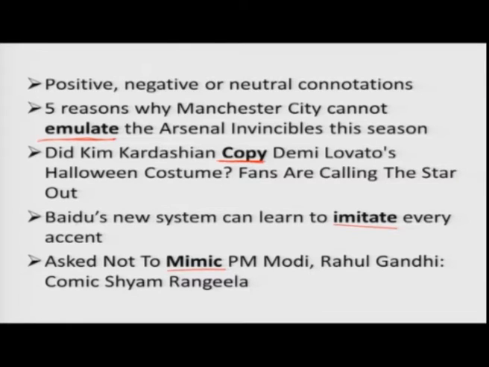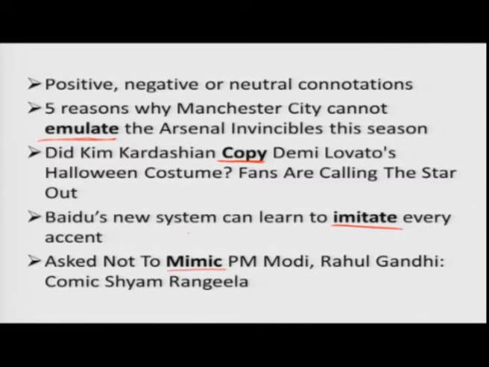Okay. Look at the third example. Baidu's new system can learn to imitate every accent. Here you are speaking like somebody else, you are adopting some accent, but the word imitate is actually used in the context of artificial intelligence, robots, some kind of very mechanical thing. So, this is Baidu's new system.